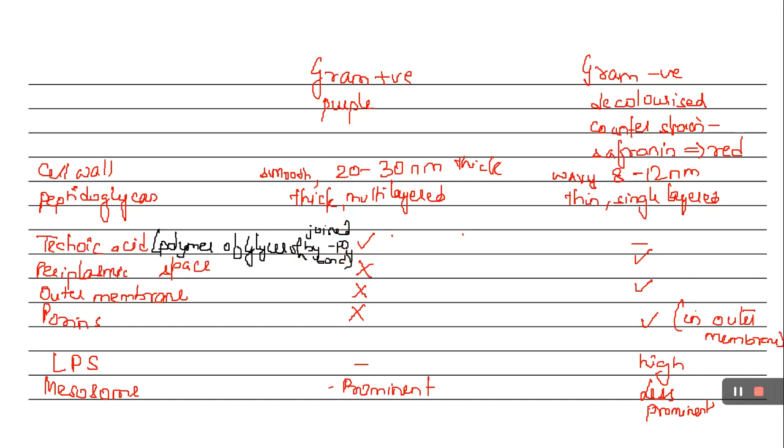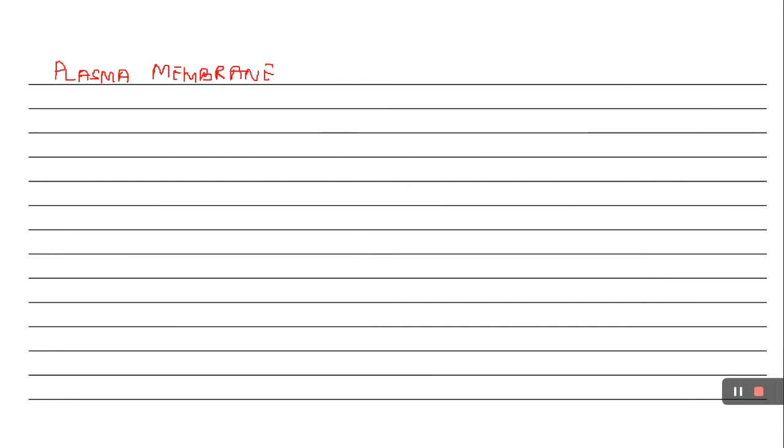Okay, so next let's start with plasma membrane. How does the structure of a gram negative bacteria look like? Outside, if this is cell membrane, head and tail like this, you all know how the structure looks like.